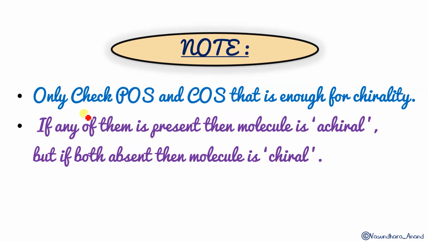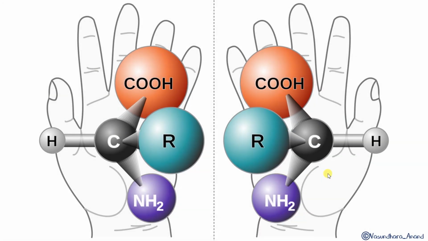But if both are absent, then the molecule is chiral. Got it? If both are absent, there should be no POS and no COS, then only the molecule will be chiral. Otherwise, if either one of these is there, the molecule will be achiral and will not show optical activity.